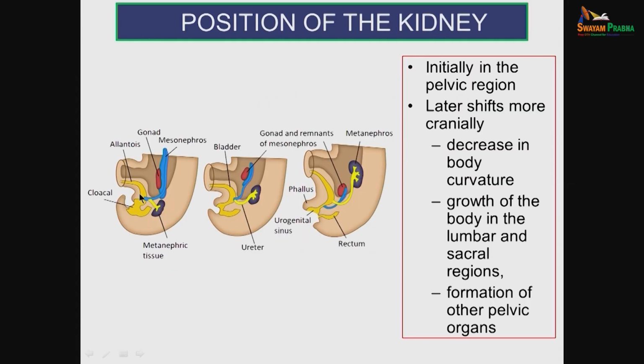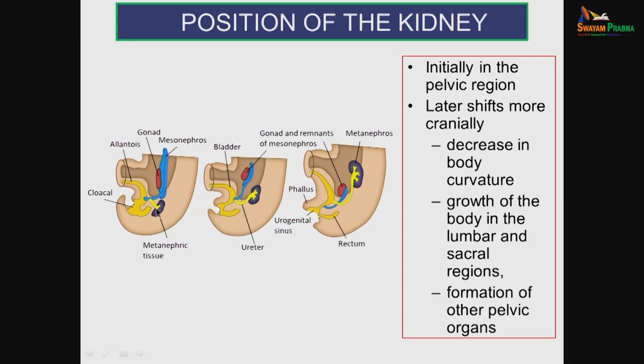So, look at this picture. We said the metanephros develops in the lower lumbar and sacral region. So, it is initially formed in the pelvic region. The adult position of the kidney is in the lumbar region. So, the kidney ascends up during development.